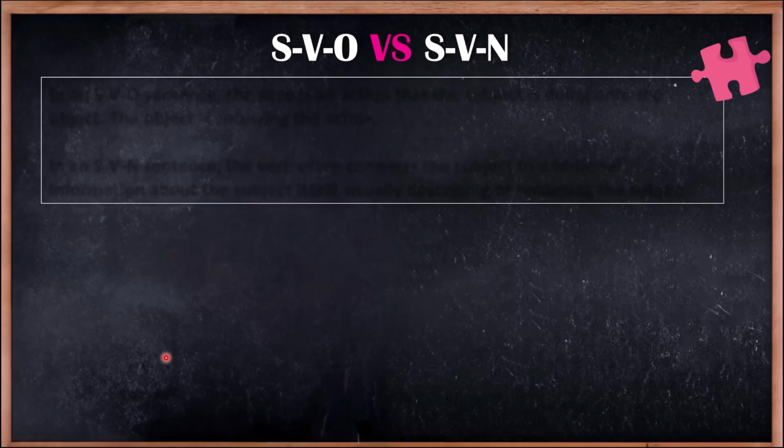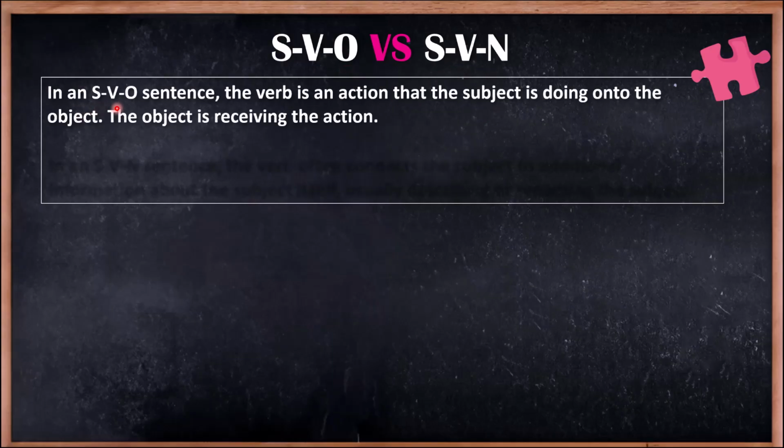Now, something that might be confusing to you is what's the difference between the subject-verb-object pattern and subject-verb-noun pattern. So in an SVO, or subject-verb-object sentence, the verb is an action that the subject is doing onto the object. The object is receiving the action.